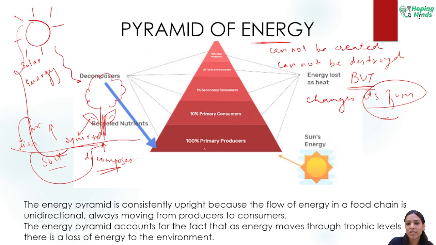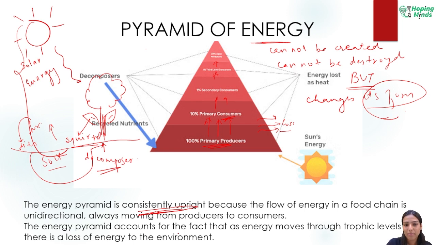So the solar energy is trapped by the primary producers, which is taken by the primary consumers, and always as the energy moves through these trophic levels, there is a loss of energy. Which is why the energy will keep on decreasing as it goes up. The energy pyramid is consistently upright because the flow of energy in a food chain is unidirectional, always moving from the producers to the consumers, and it's never possible that it can be reversed.